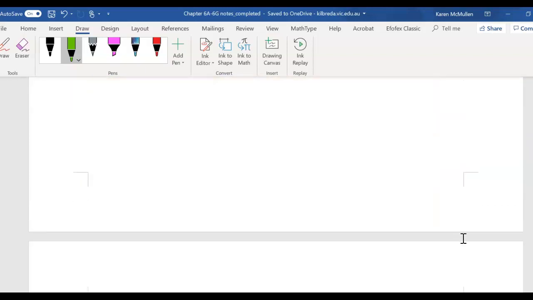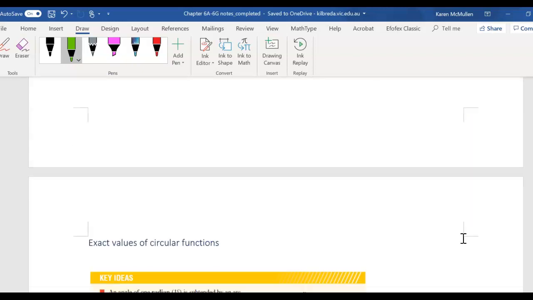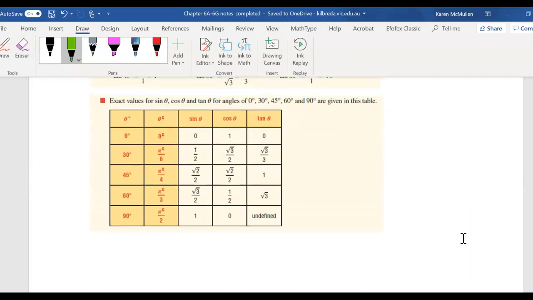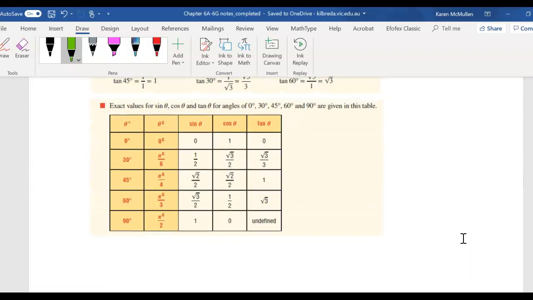Let's scroll back down. But as I said, you don't really need to remember degrees so much. So we've got 0 radian, pi on 6, pi on 4, pi on 3, pi on 2 radian. As long as you can remember that, 6, 4, 3, 2.